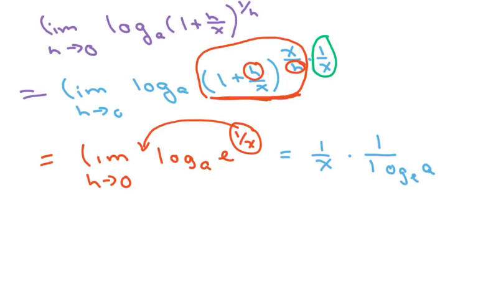Okay, so let's do an example. Let's do this one, y equals log base 2 of x squared plus 1. So when I take the derivative of this, I'm going to write this as what I have.